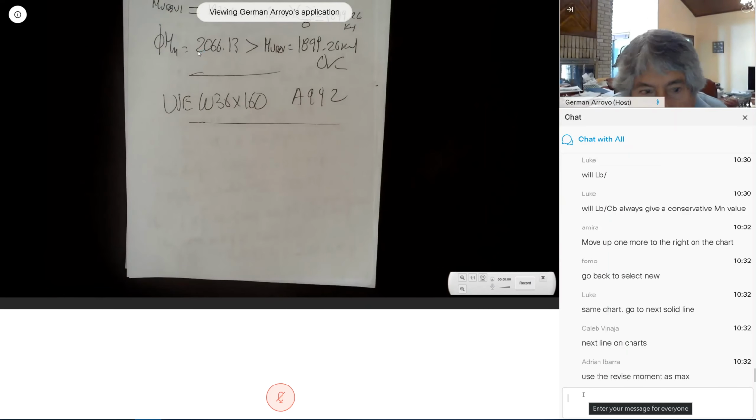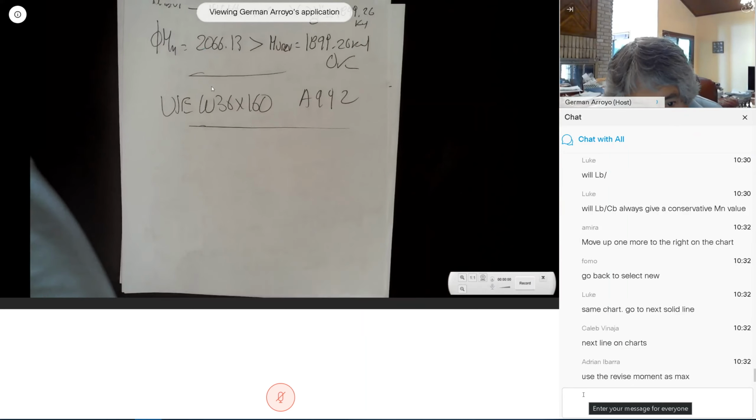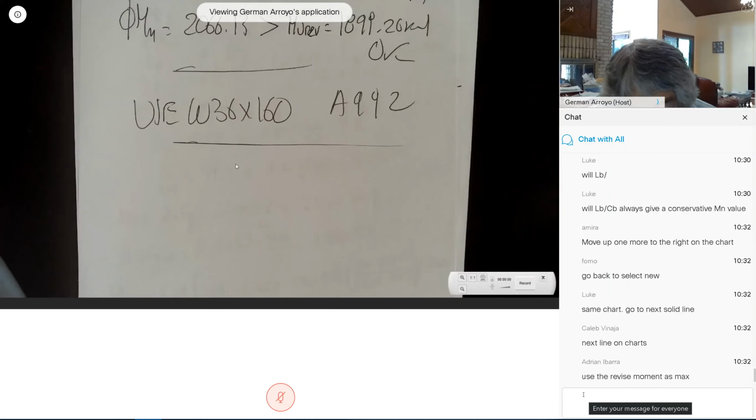What we do, we go to the same chart where we found this, and we go to the right and above. The next section with the solid line is the best one.